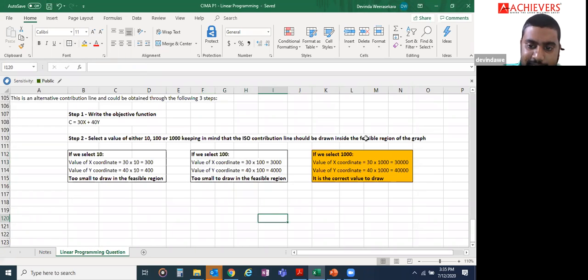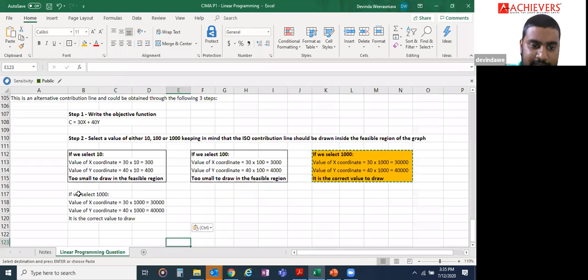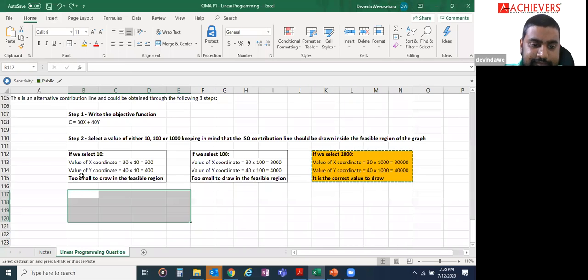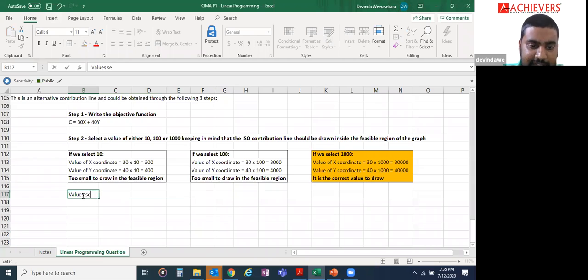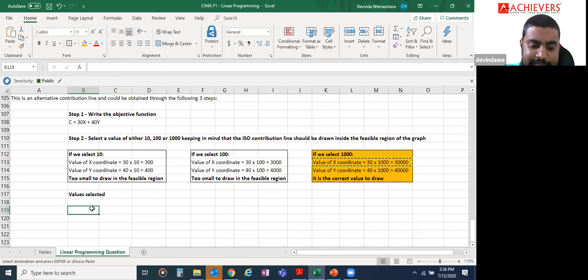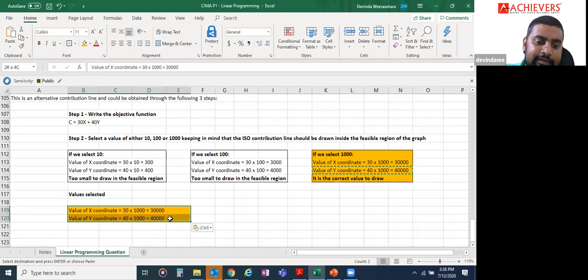So the value selected would be these two.